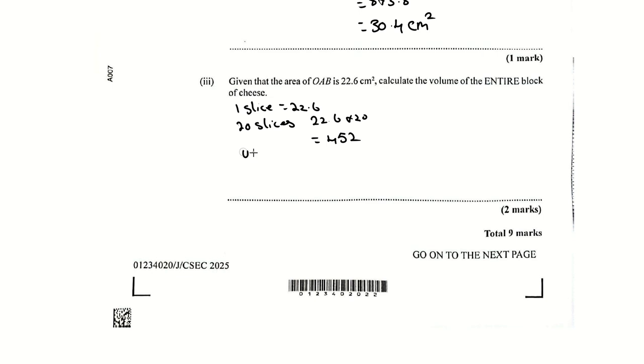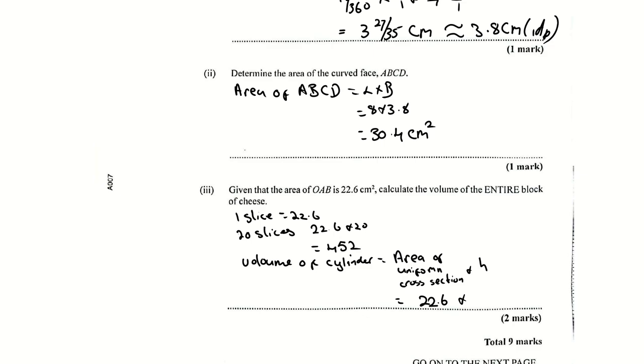We know that the volume of a cylinder is the area of your uniform cross section times your height, which would be 22.6 times a height of, what did they tell you? The height was 8 centimeters, I believe, yes.